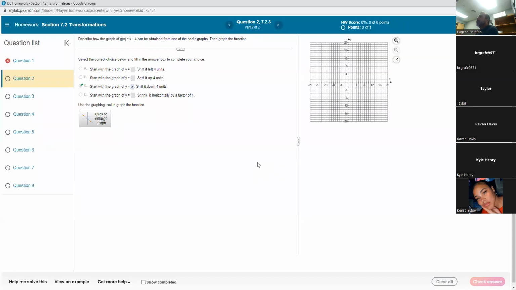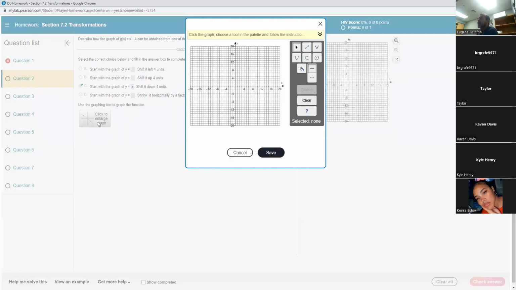Now, y'all, this is the only one where you actually had to graph it. So you would have to put in 2 points. So grab this line tool. If I let x equal 0, when x is 0, 0 minus 4 gives me a negative 4. So I'm going to come down here to negative 4 and click.